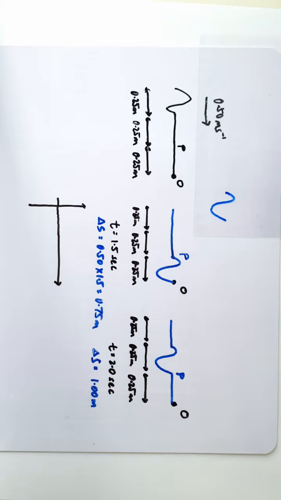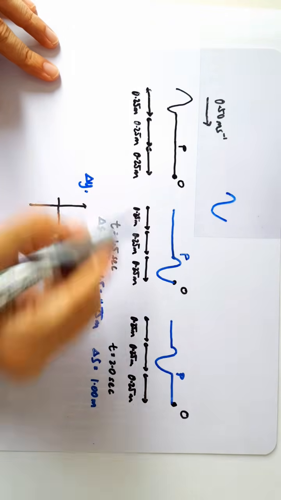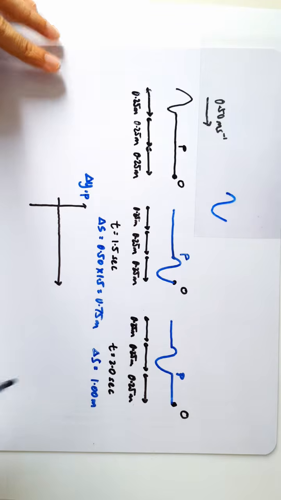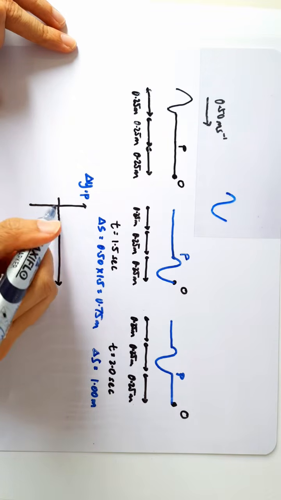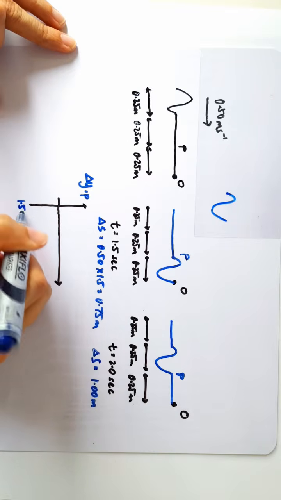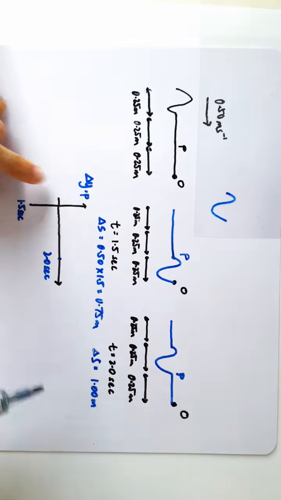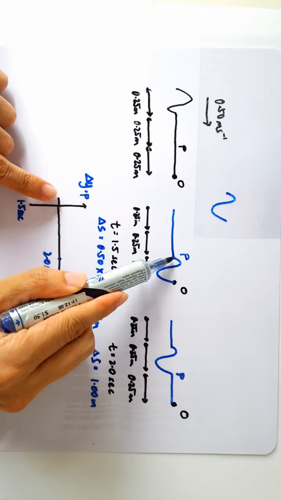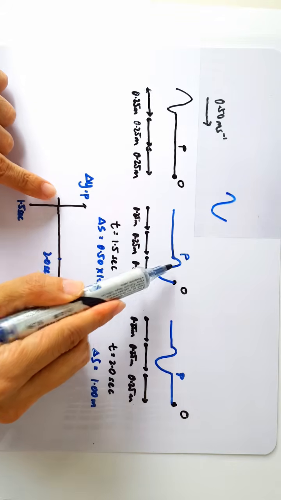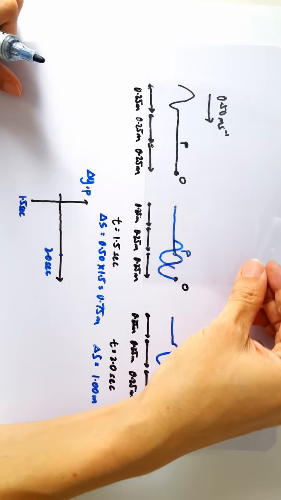Okay, what we are supposed to figure out is the displacement-time graph at position P. So we start the graph from 1.5 seconds and we end the graph at 2 seconds. At 1.5 seconds, the displacement at point P will be 0, and then this wave pulse will progress from here to here.